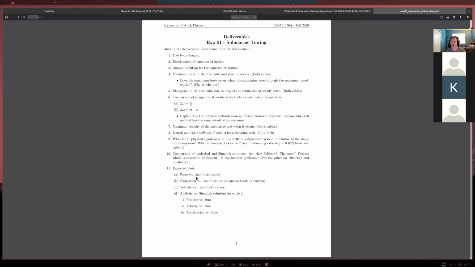When we're comparing the analytic and our Simulink solution down here for position, velocity, and acceleration, you should compare the analytic solution to Simulink for cable 2. If you already solved it analytically, I think you just have to change the stiffness. So make sure that you're doing that comparison for cable 2, and then they should match up pretty much exactly. Obviously not exactly, but your plots are going to be very similar.